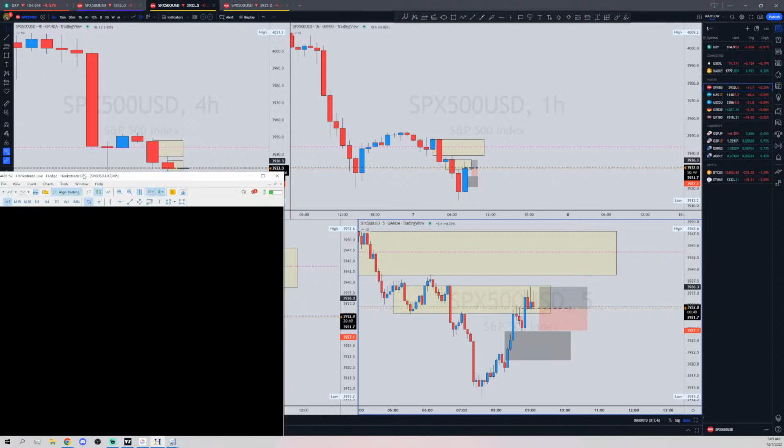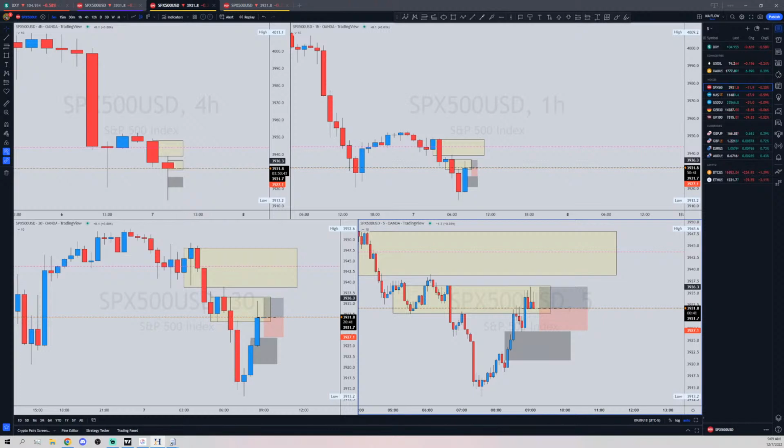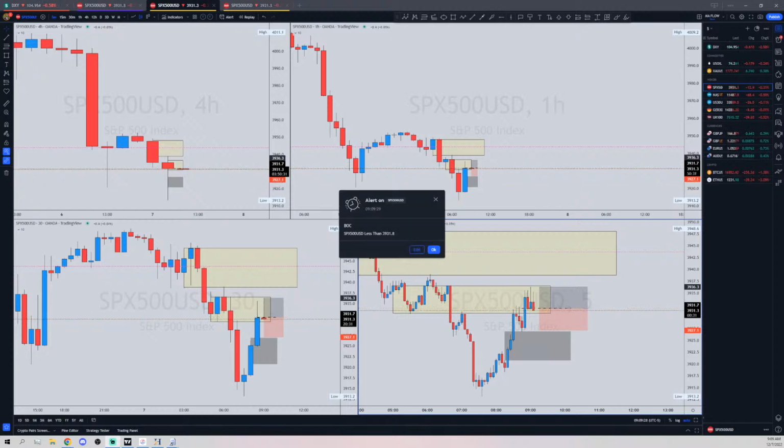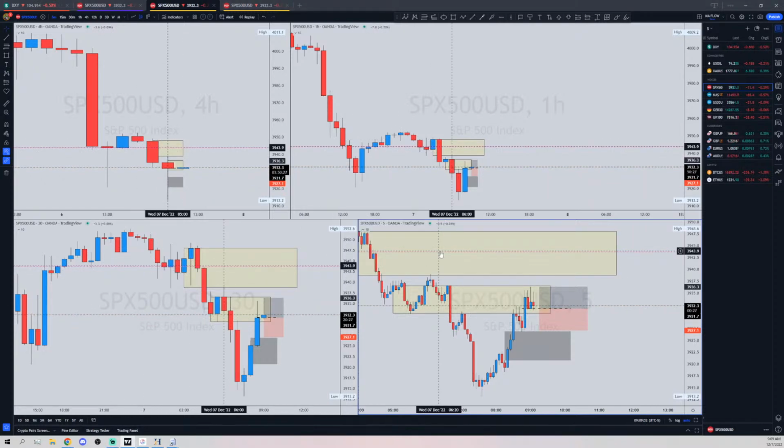So now I'm trying to see what's going on. Based off this candle, based off this 5 minute, how is price reacting? Okay, there's that value. I mean, there's that alarm.